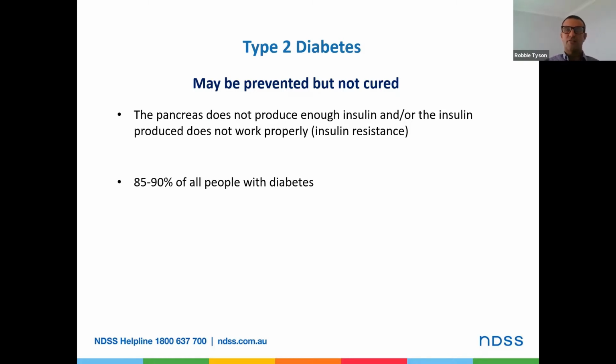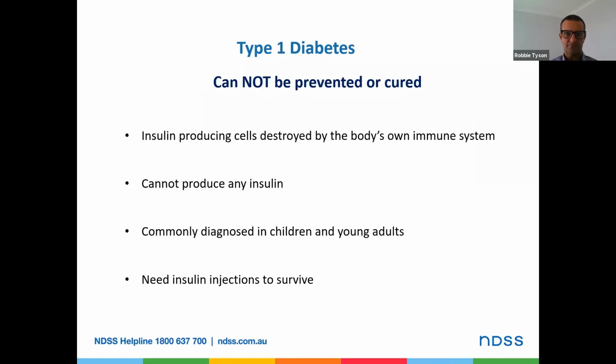It accounts for about 85 to 90% of all people currently living with diabetes. And we know that the management, similar to pre-diabetes, is physical activity and diet changes, and then medication, whether that be oral hypoglycemic agents, tablets, or insulin, or other injectables that we have looked at in other webinars.